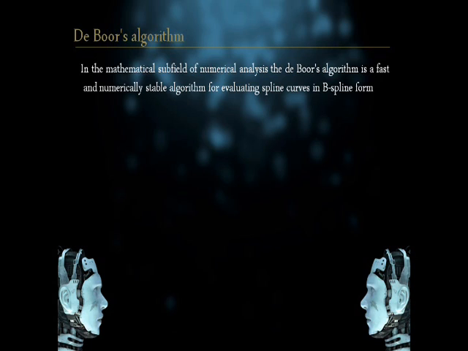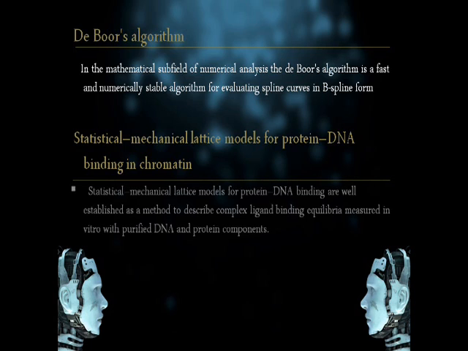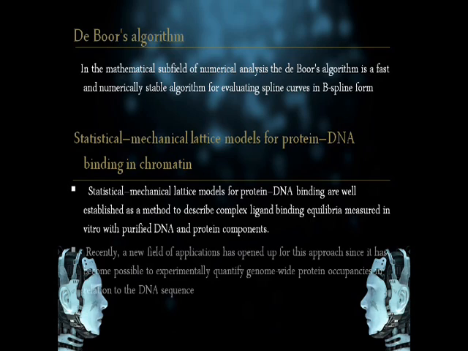De Boor's algorithm. In the mathematical subfield of numerical analysis, the De Boor algorithm is a fast and numerically stable algorithm for evaluating spline curves in B-spline form. Next, the statistical mechanical lattice models for protein DNA binding in chromatin.